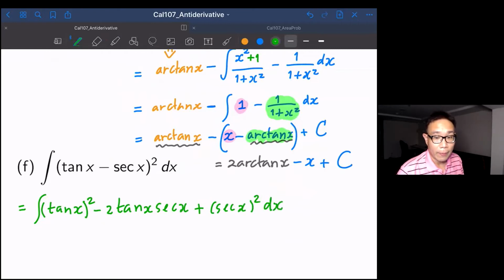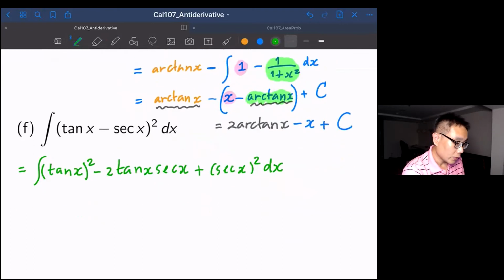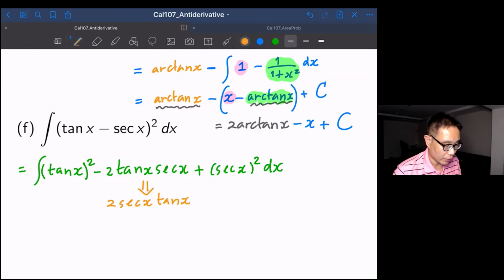Okay, and you see that you have no problem with this guy. Okay, so you'll be able to integrate tan x times sec x is going to be sec x, and integrate, so this one turned out to be 2 sec x tan x. Okay, and you'll be able to integrate secant squared.